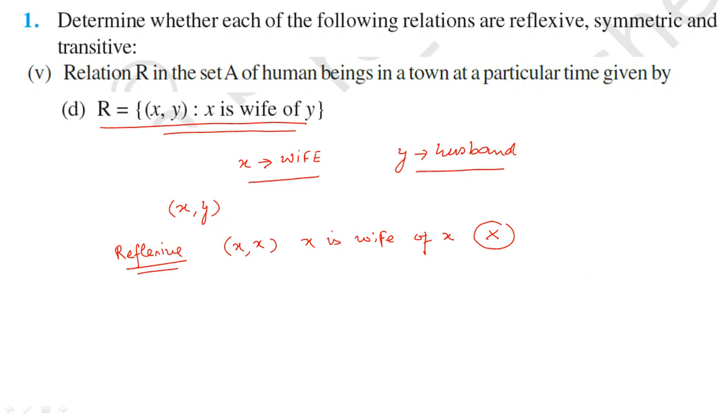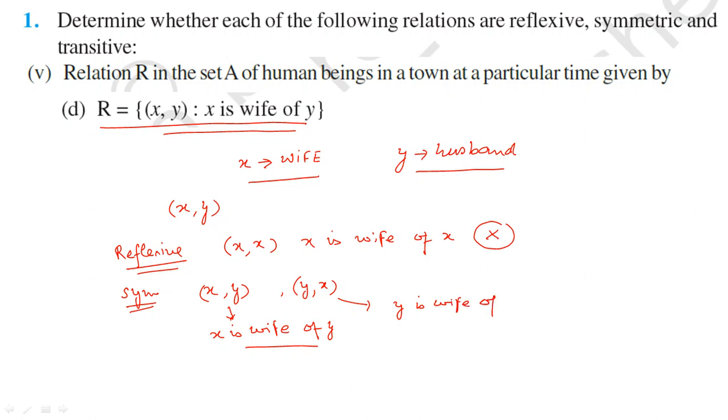What about the second condition? Symmetric. If I am talking about symmetric nature, X comma Y and Y comma X. If I am writing here X is wife of Y, how can I say that Y is wife of X?